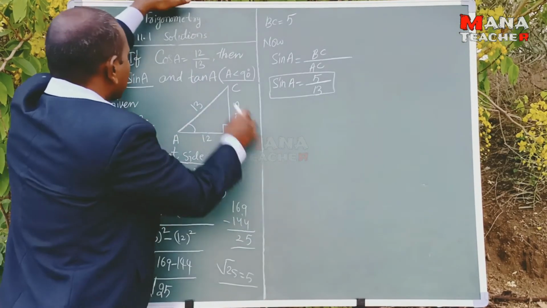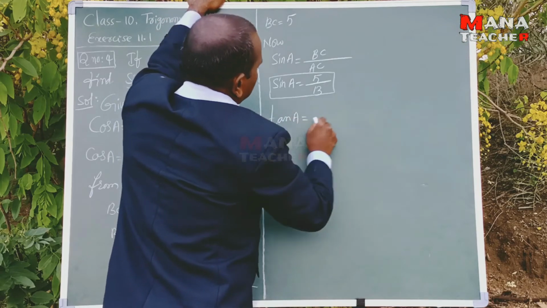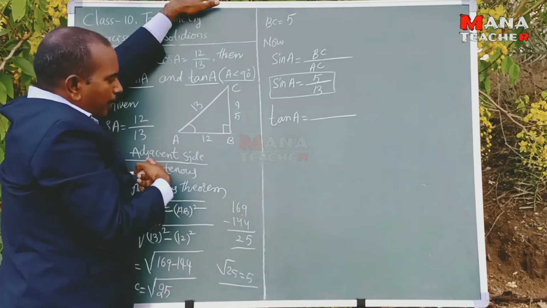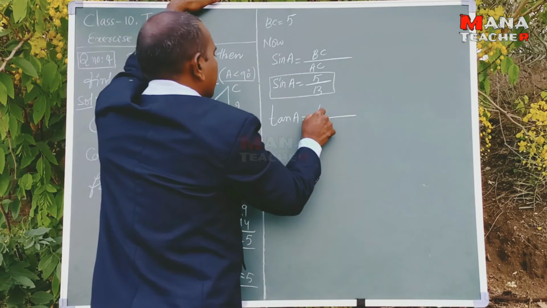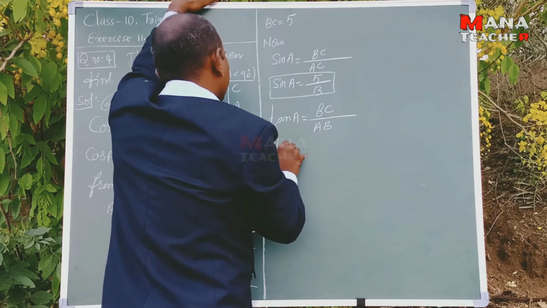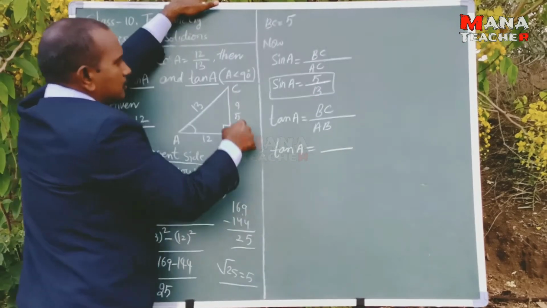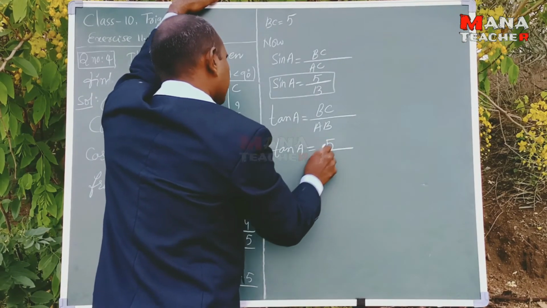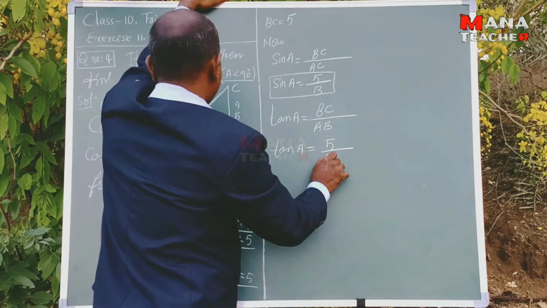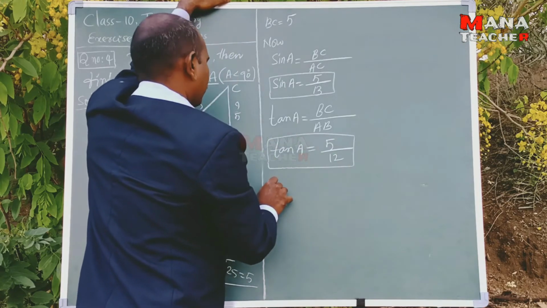Next, tan A equals opposite BC by adjacent AB, that is 5 by 12.